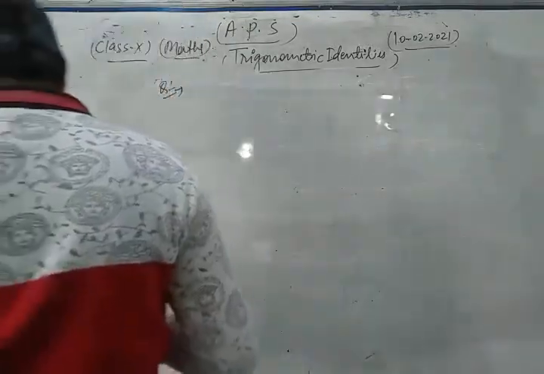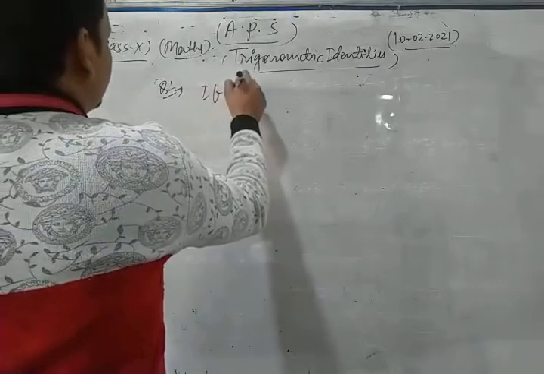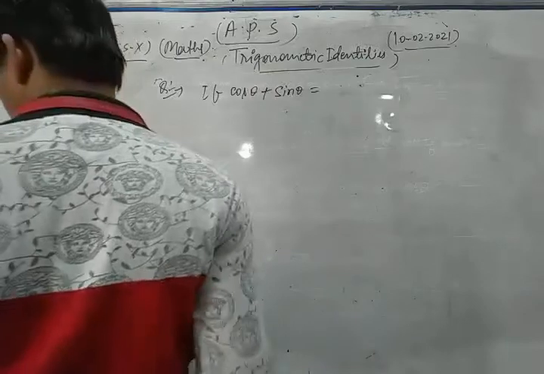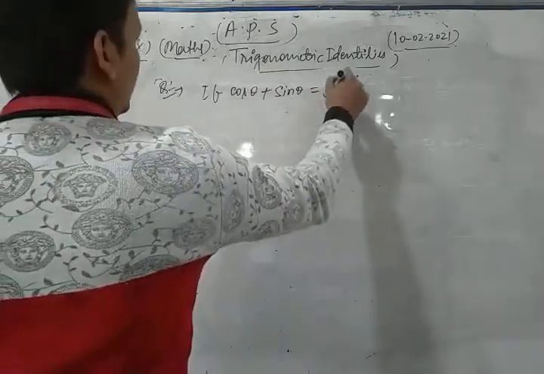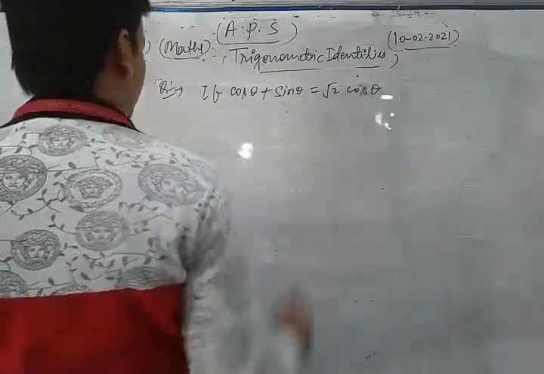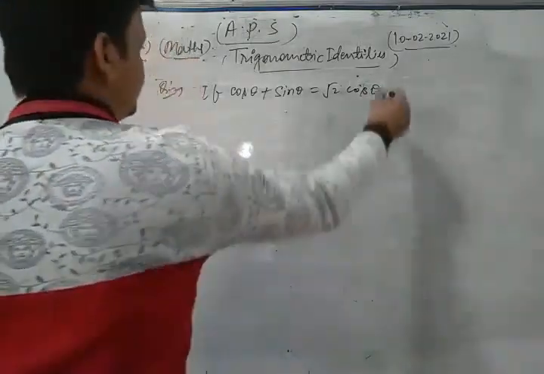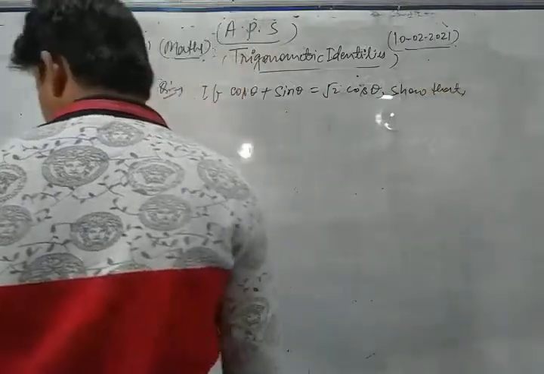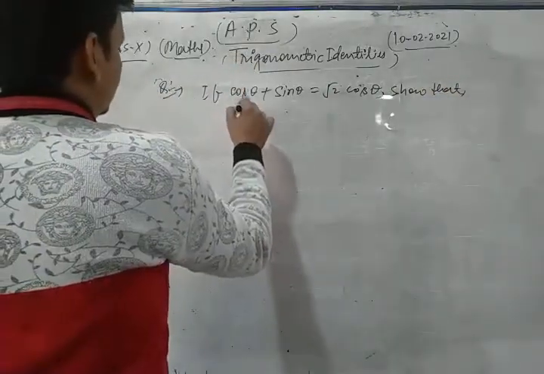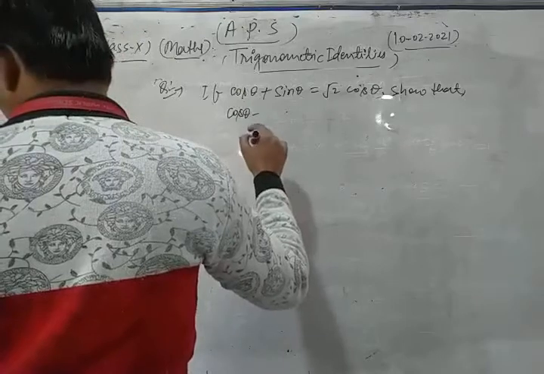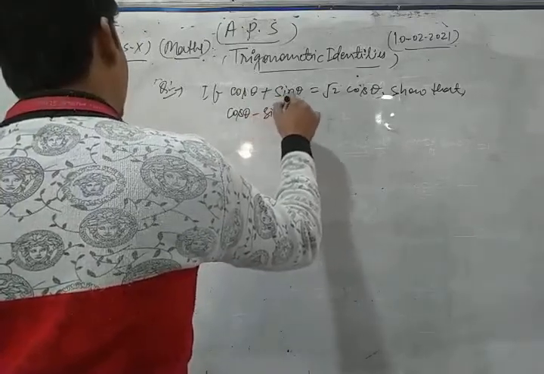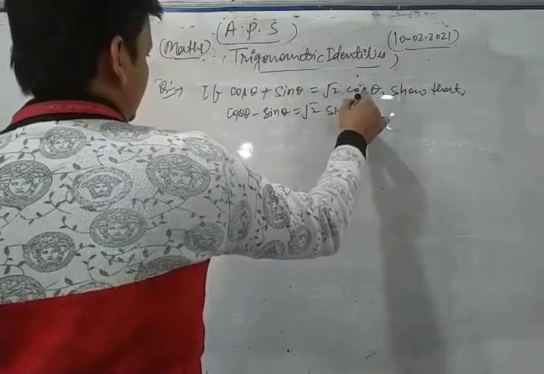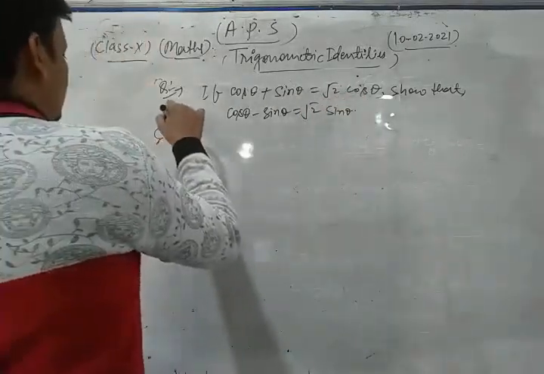The question is: if cos theta plus sin theta is equal to root 2 into cos theta, then show that cos theta minus sin theta is equal to root 2 sin theta. Now let's see its solution.